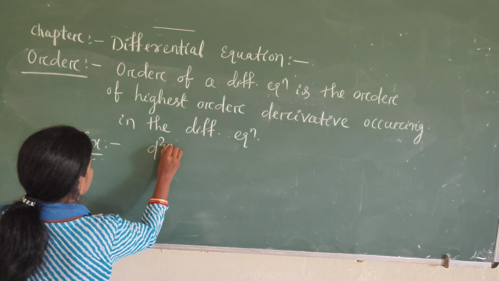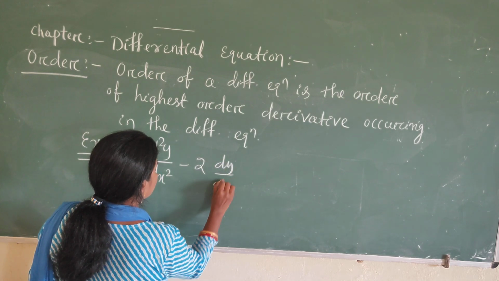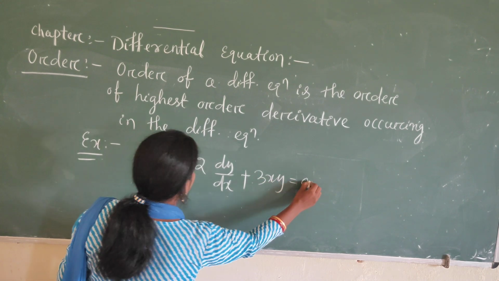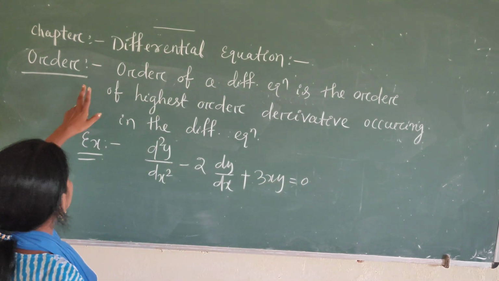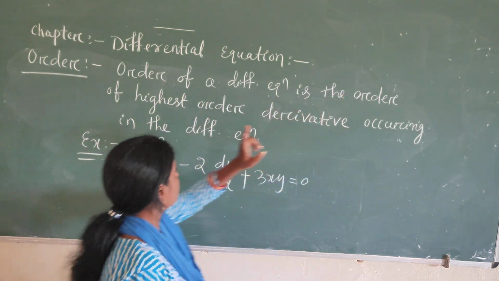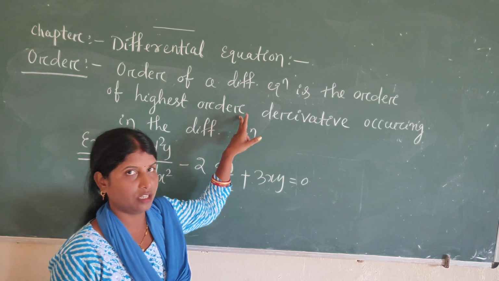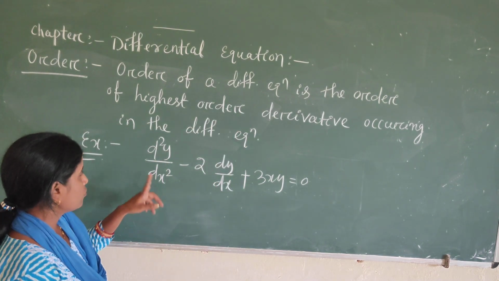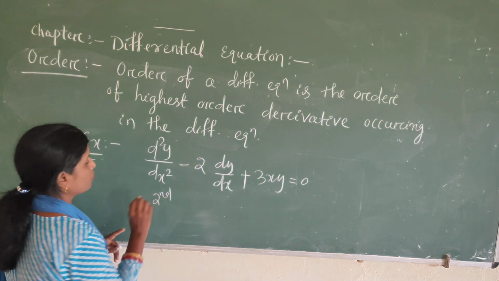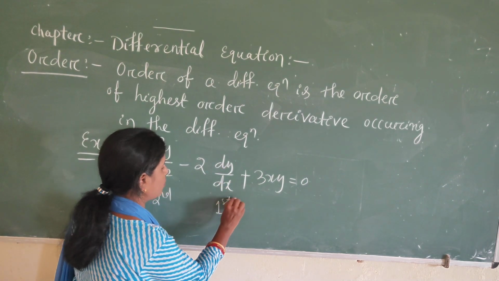For example, d square y by dx square minus 2 dy by dx plus 3xy equal to 0. What is the order of this differential equation? The order is the order of the highest order derivative. In our example, d square y by dx square is the second derivative of y, and 2 dy by dx is the first derivative of y.